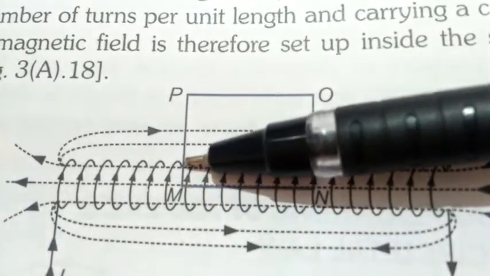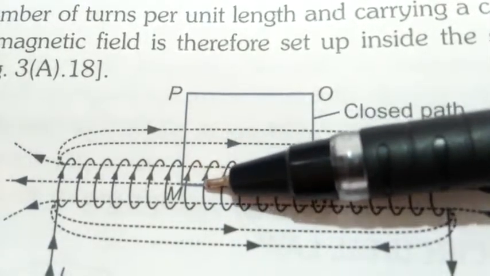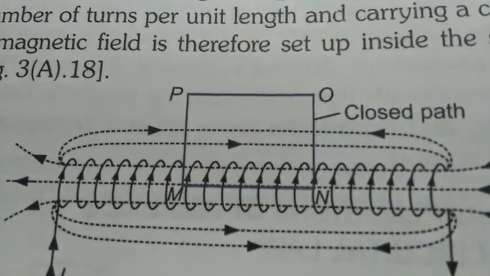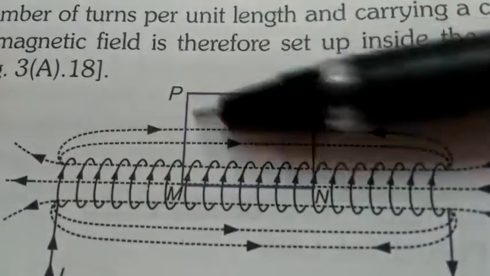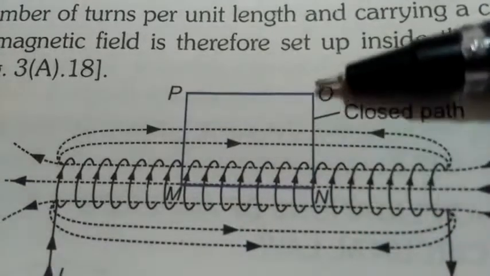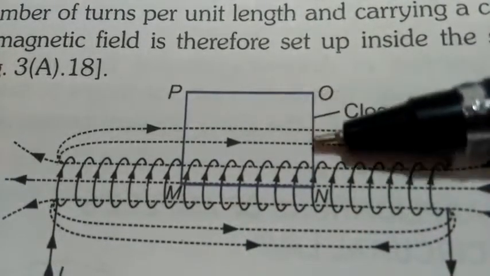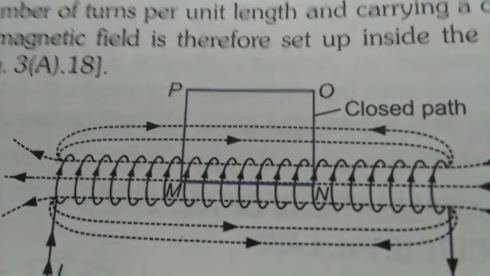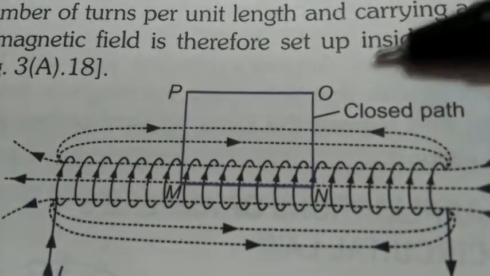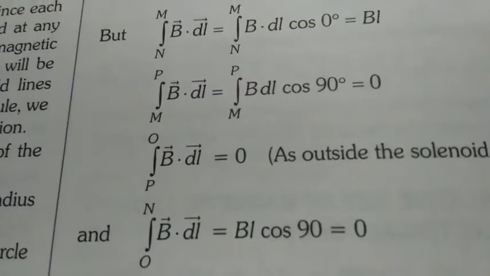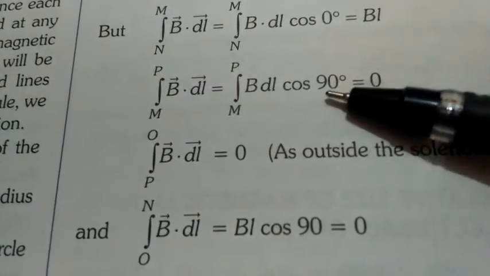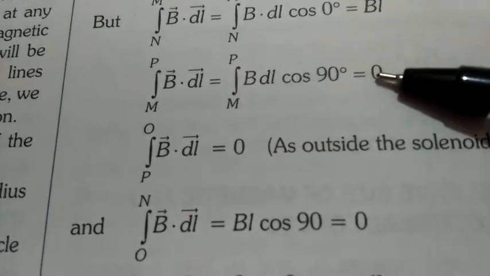So when we put 90 degrees in cos theta, cos 90 is 0. So the current element for this part PM and NO are perpendicular to the magnetic field. So the angle here is 90 degrees. So for both of them, when we put theta equals 90 degrees, this whole term becomes 0.